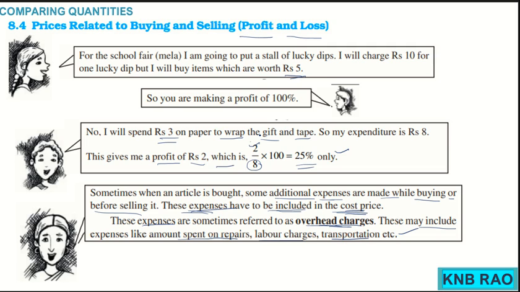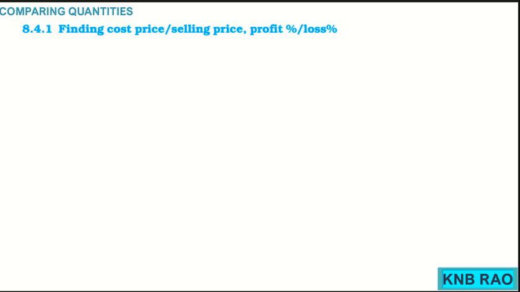Now children, for finding the cost price, selling price and profit or loss percentage, I am going to give you very important formulae. First, cost price of an article plus overhead charges, we call this the final cost price.